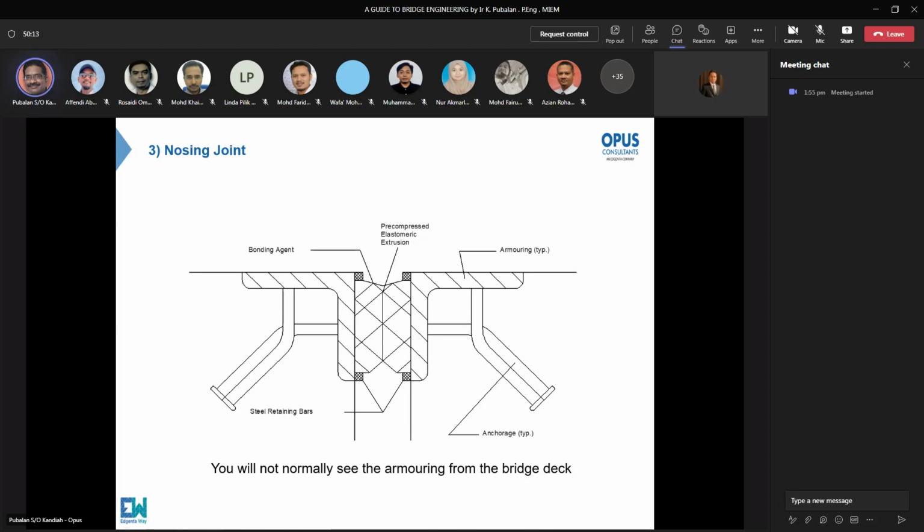So this is a very good joint, but normally it can only be done during the construction stage, because you have a few steel members which have to be concreted into the deck slab.